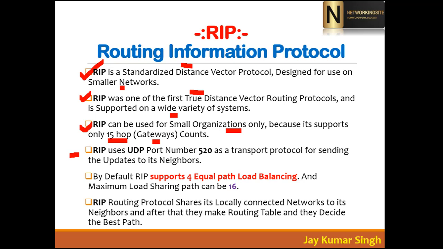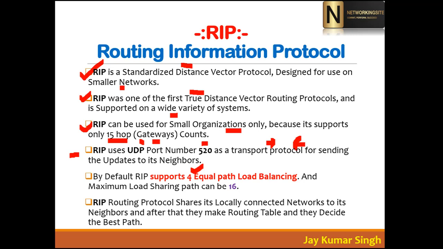RIP uses UDP port number 520, and this port number is used for sending updates to the neighbor and receiving updates from your neighbor. By default, RIP supports equal path cost load balancing.